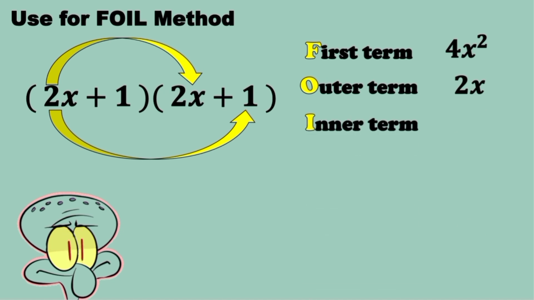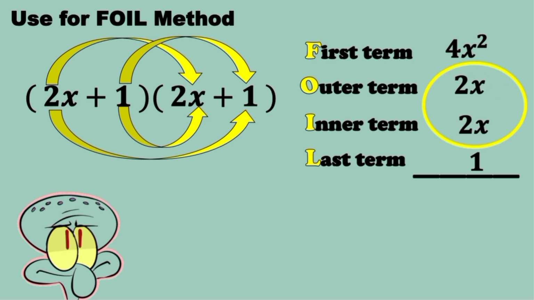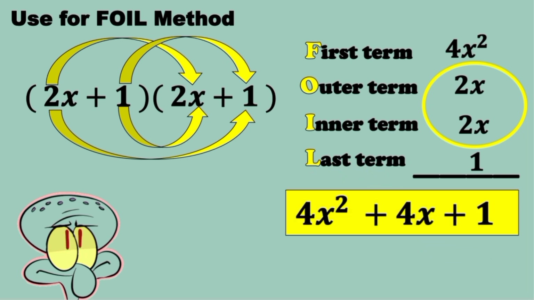Now multiply the inner term. 1 times 2x is equal to 2x. Then multiply the last term. 1 times 1 is equal to 1. Now let's add all the factors. Again, you can combine similar terms. 2x plus 2x is equal to 4x. So our final answer is 4x squared plus 4x plus 1.